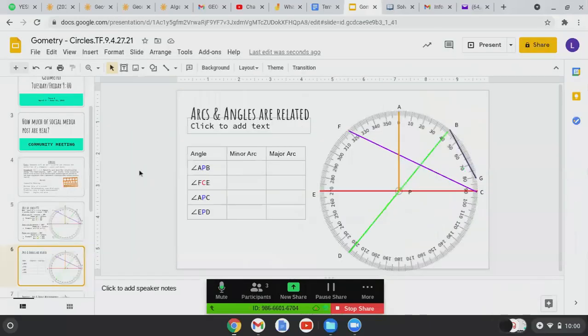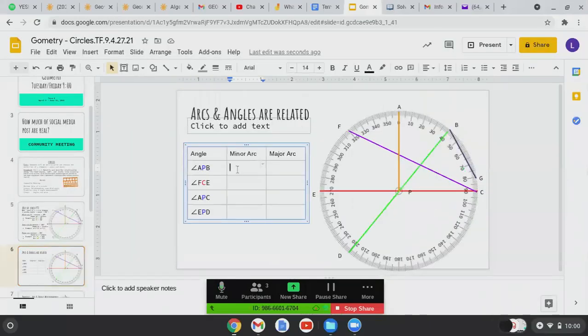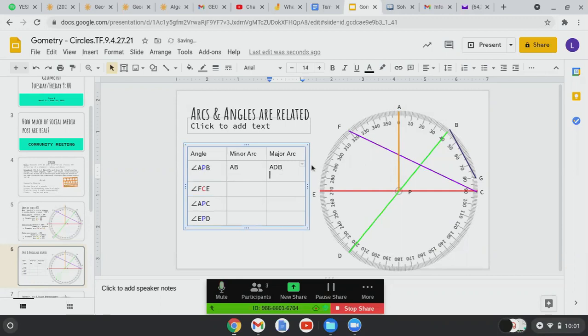So here, the minor arc will go from A to B, and the major arc, remember, has to be named in 3, and we'll do it the same way we did before, A, D, B, because the letter in the middle just tells you the direction. And not only that, we found that the measure of AB was 40 degrees.